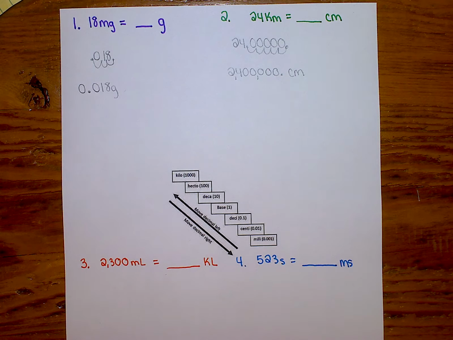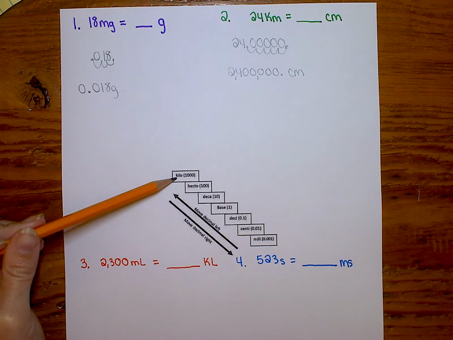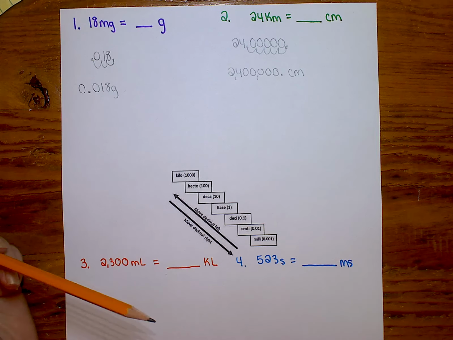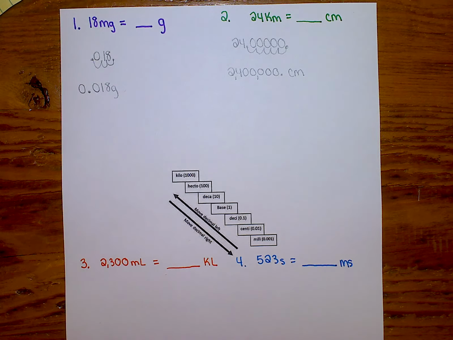So now we know if we have 24 kilometers in centimeters, it's 2,400,000 centimeters, which makes sense because a kilometer is really, really big and a centimeter is really, really small. So if we have something big and we're trying to find out how many small chunks of it we have, we're going to have a lot.